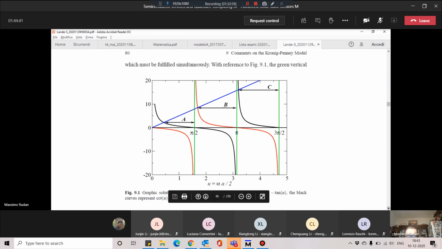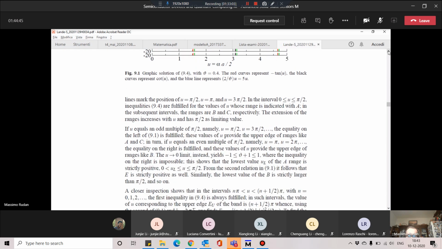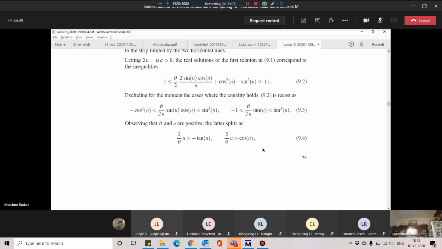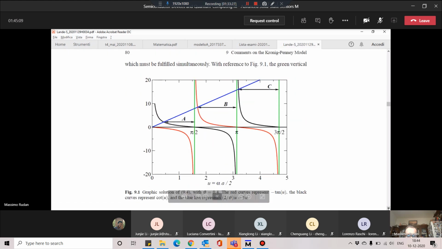Then the blue line must be larger, because these two conditions here must be fulfilled at the same time, must be larger than minus the tangent of U and also larger than the cotangent of U. So we simply draw minus the tangent.